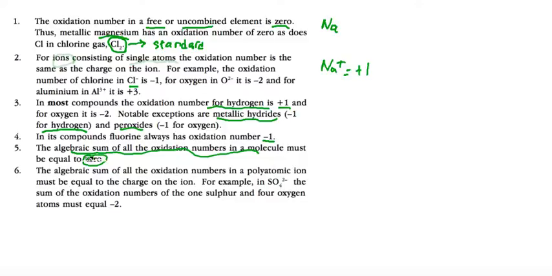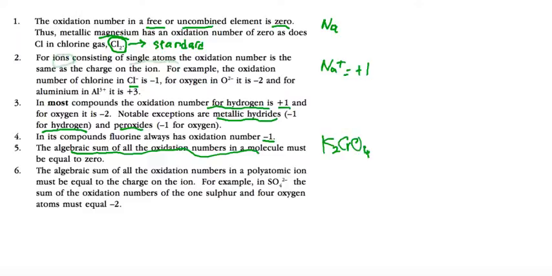Let me clean that up a little bit. Okay, everything has disappeared. Giving you an example, let me think. If I were to give you an example of, say, K2CrO4.